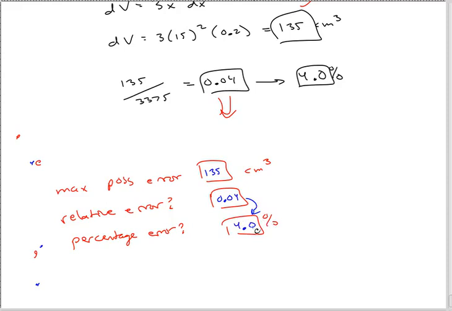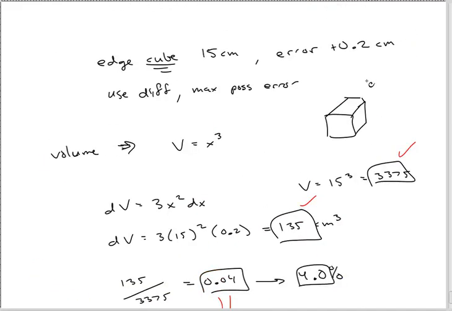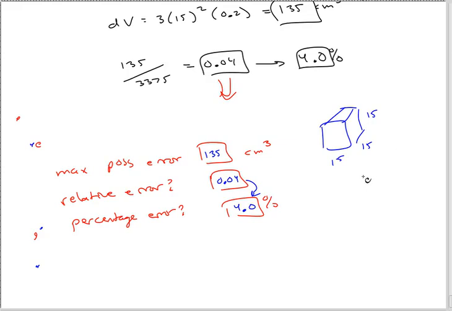So let's just say that we had this little box cube thing, and it's 15 centimeters all over the place, right? And it's off by 0.2 centimeters. And so it could be shaved off or a little higher, and it could be on this side a little bit and here, and it could be a little longer, and it could also be a little shorter. So what I'm getting at, there's a lot of different variables that go on.